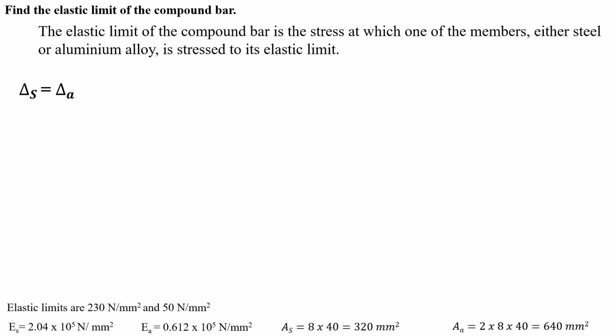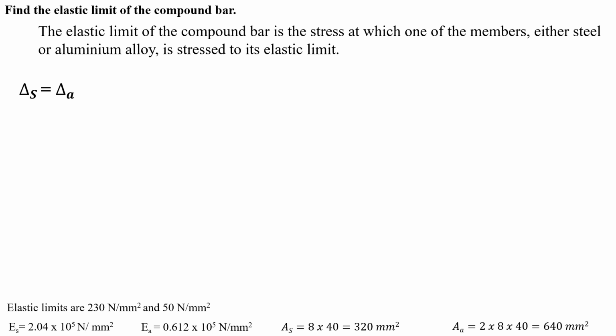So among the two materials, steel or aluminum, whichever reaches its limit at the minimum stress is what we have to consider as the elastic limit of the compound bar. So let's see the solution.